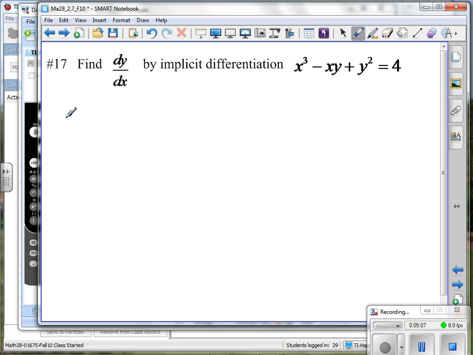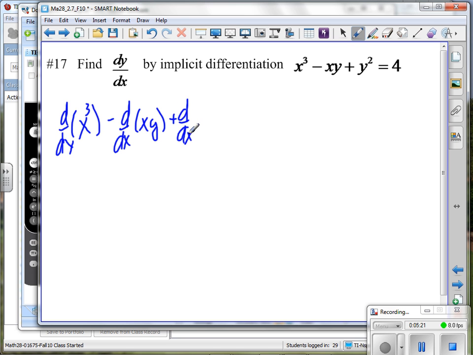Implicit differentiation. I need to take the derivative with respect to x of each and every term up here. The first term, I hope, is no problem to you.